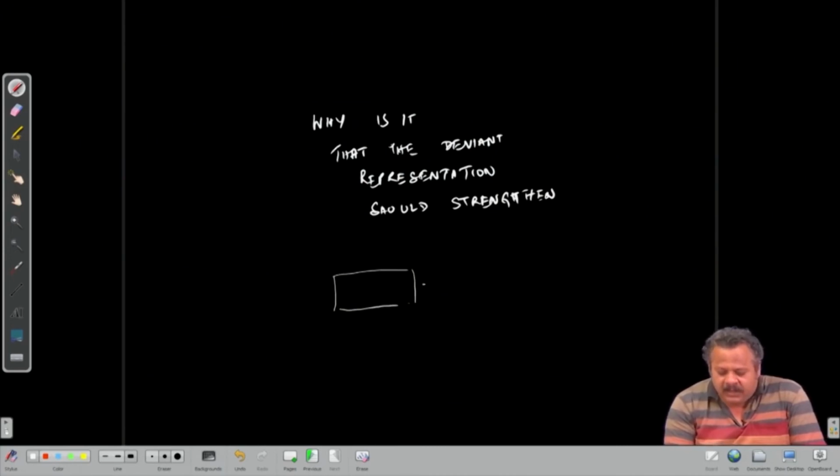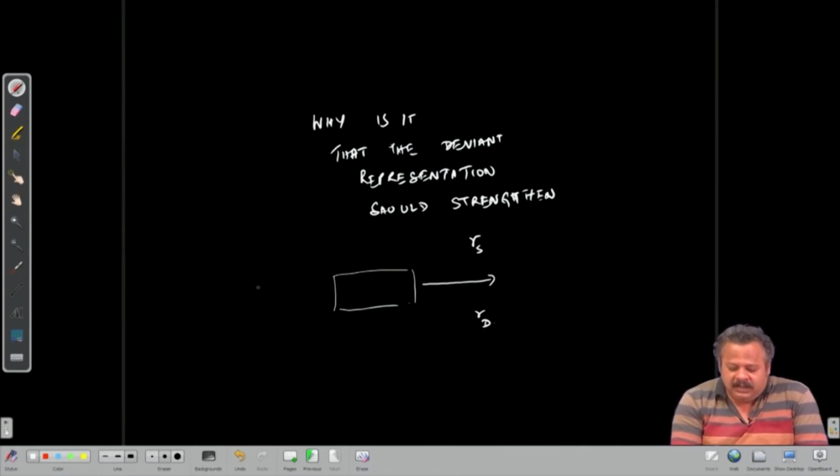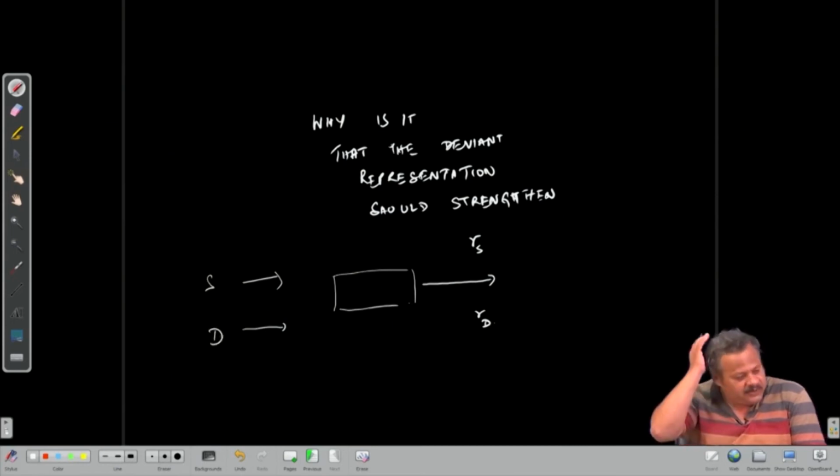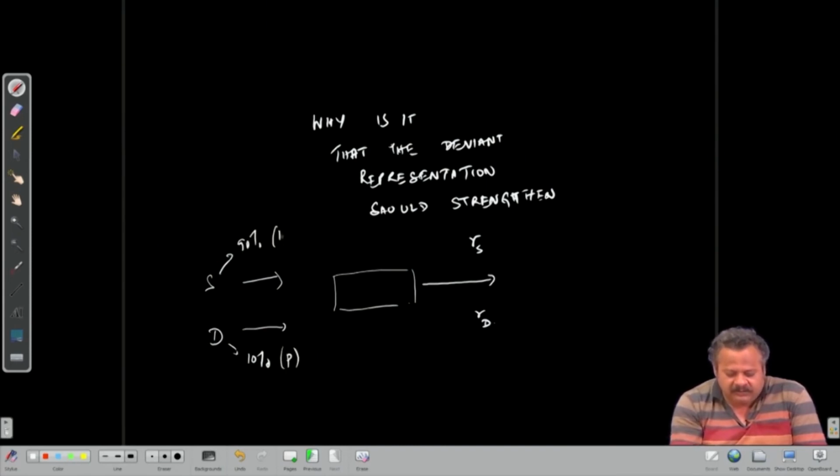and there are responses of the output, let us say the layer 4 neuron, that has responses to standard and responses to the deviant. And in the input, what we have is presentation of standard and presentation of deviant with different probabilities, that is, let us say this is 10% and this is 90%, or more generally this is p and this is 1 minus p.